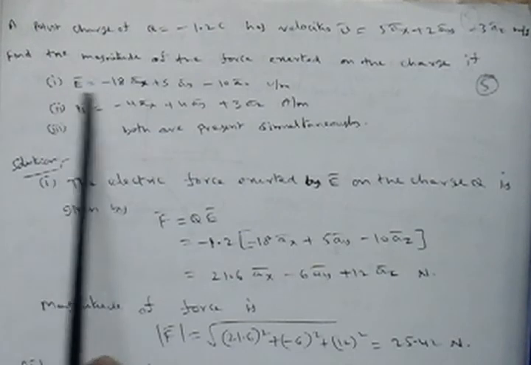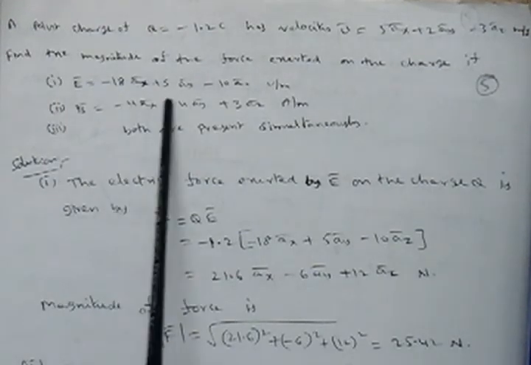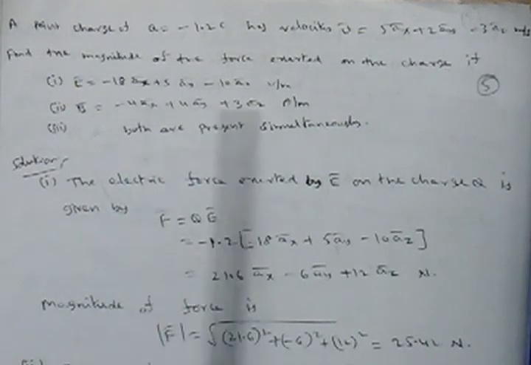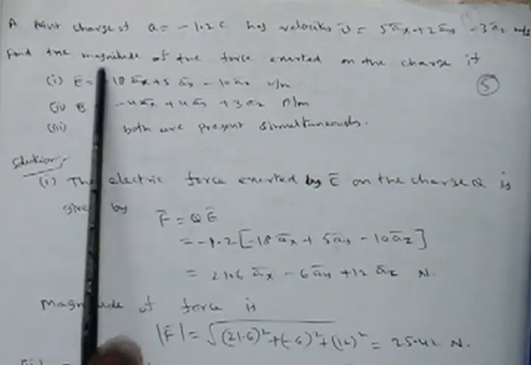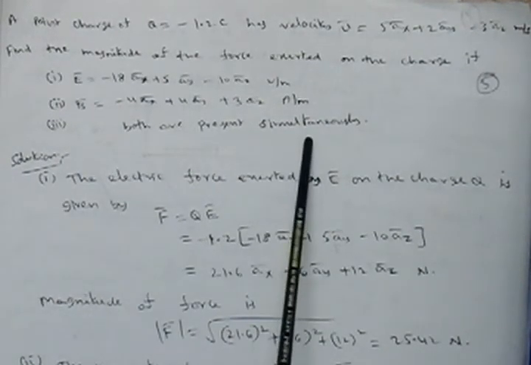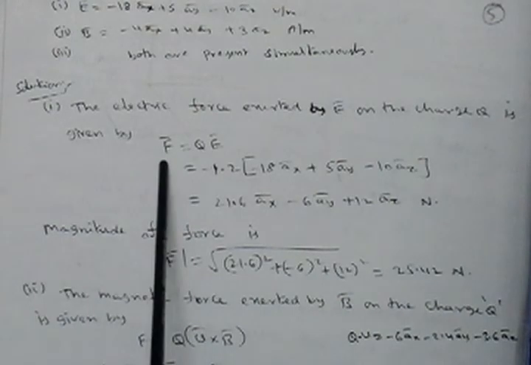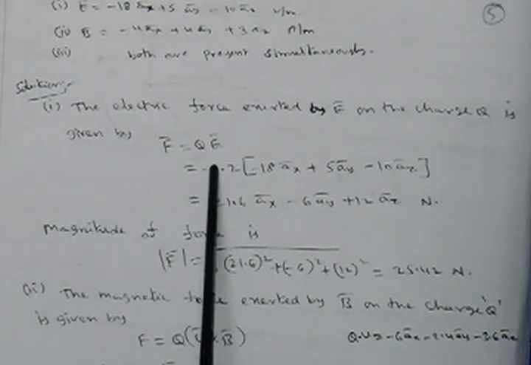The electric field is E bar equal to minus 18ax bar plus 5ay bar minus 10az bar. Similarly, the magnetic field B bar is given. The third case is when both E and B bar are present: what is the force experienced by the point charge? When only the electric field is considered, the force on the point charge is F equal to Q E bar.